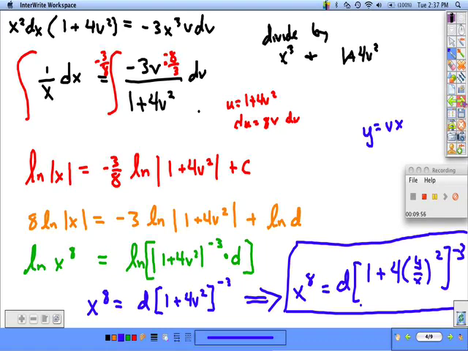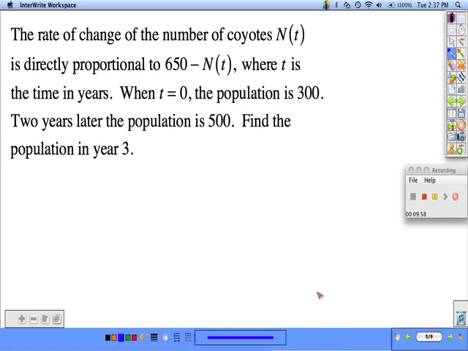Second problem we're going to look at is this one where we have the rate of change in the number of coyotes being directly proportional to 650 minus that population. t is the time in years.